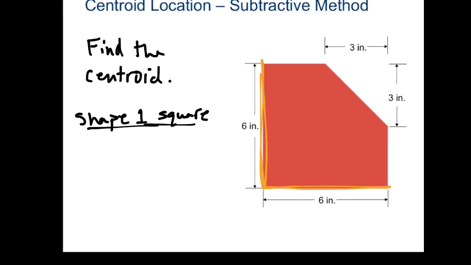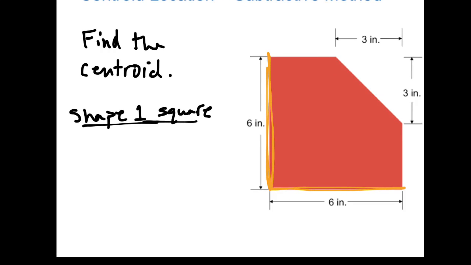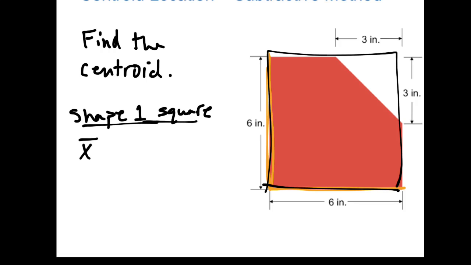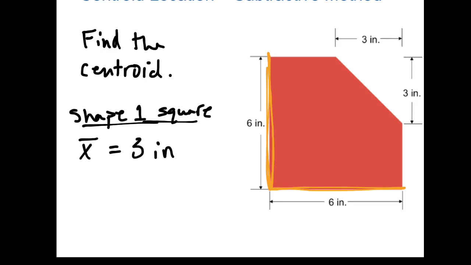So shape 1, the square. I'm looking at this whole entire square. Since the whole thing is 6 inches, that means x bar is 3 inches. That's easy enough. And same for y bar, that's also 3 inches because it's just half of that distance.